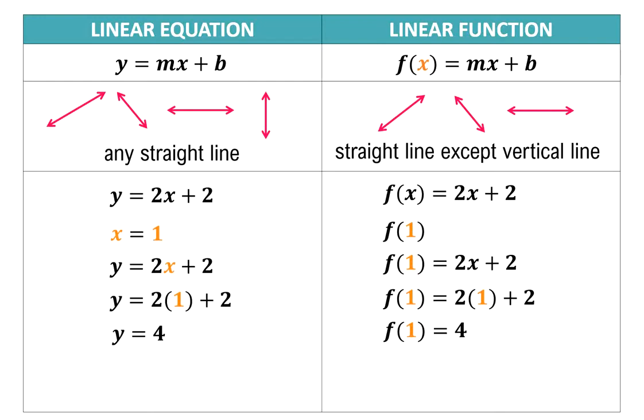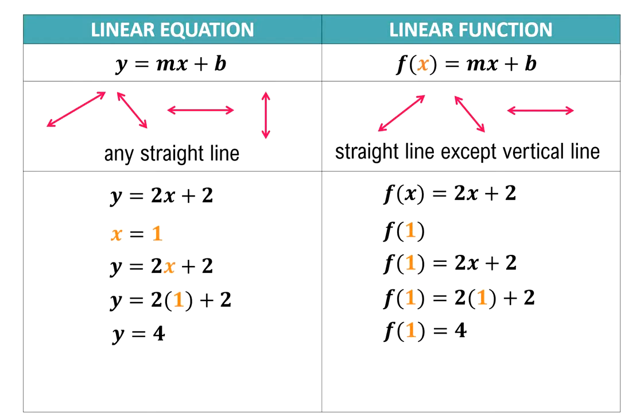Dito naman sa linear function, yung f tapos naka-close parenthesis at nasa loob ng parenthesis ay variable x. So, yung kung ano man yung value ng variable x, yun yung ilalagay natin sa loob ng parenthesis. Dahil ang value ng variable x natin ay 1, yun yung nakasulat sa loob ng ating function.